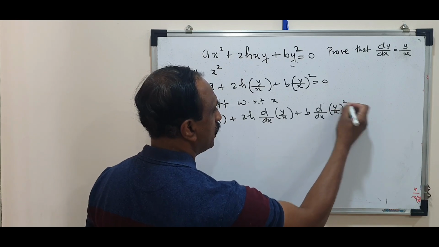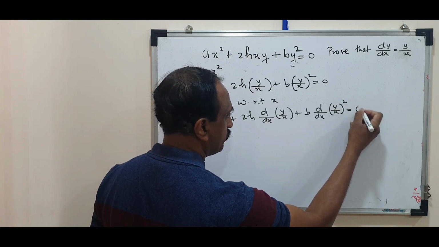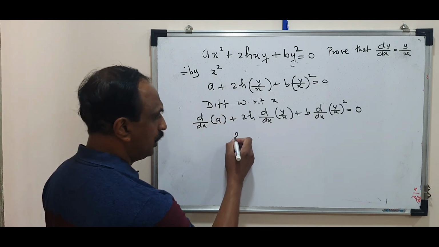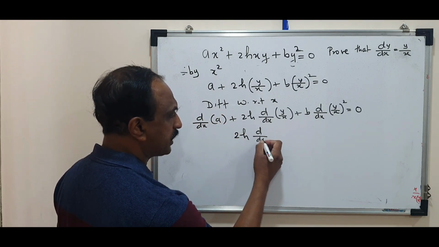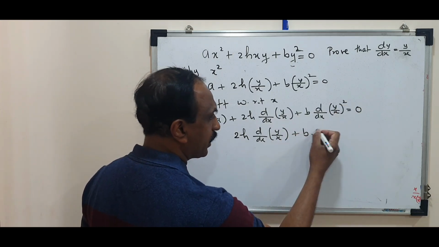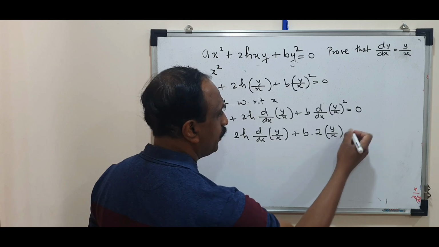Do not take it as y square upon x square, take it like this. The derivative of 0 is 0, so the right hand side is 0. 2h into the derivative of y by x, I am going to keep as it is. But here, the derivative of u square is 2u into the derivative of u.